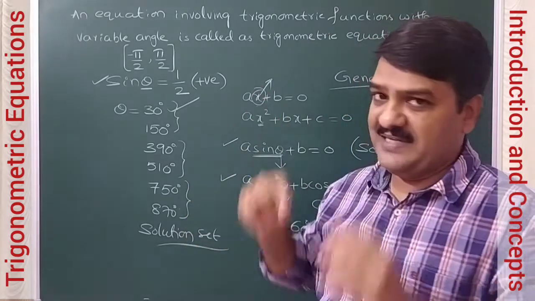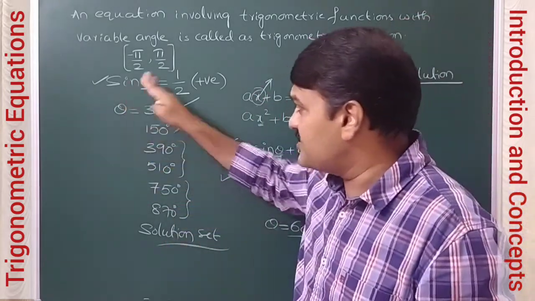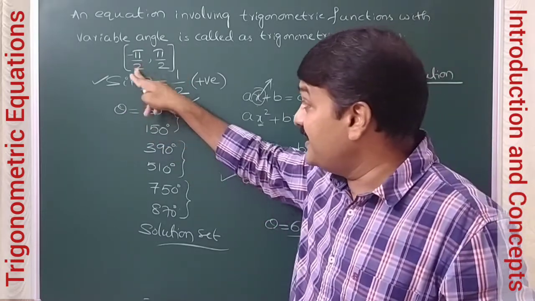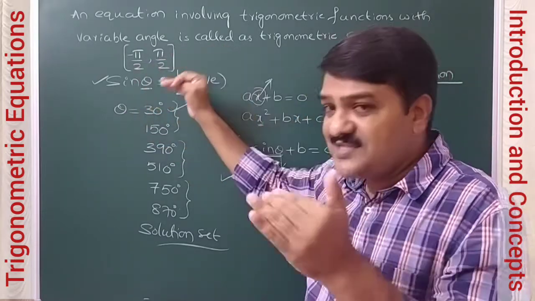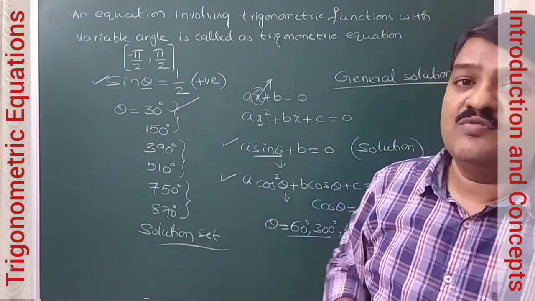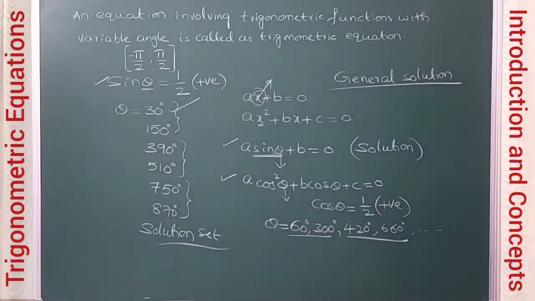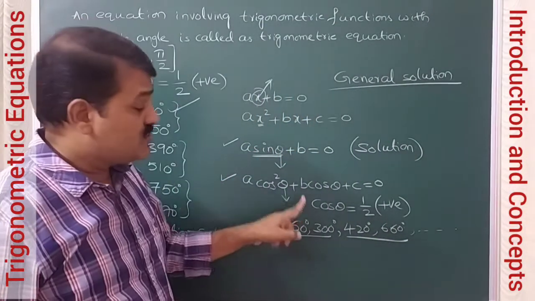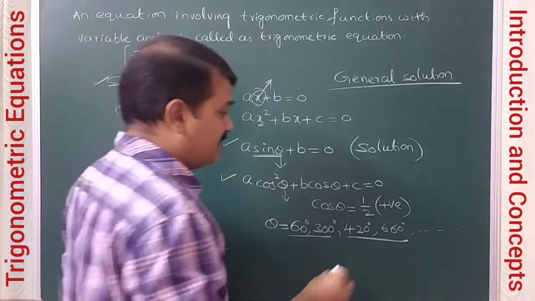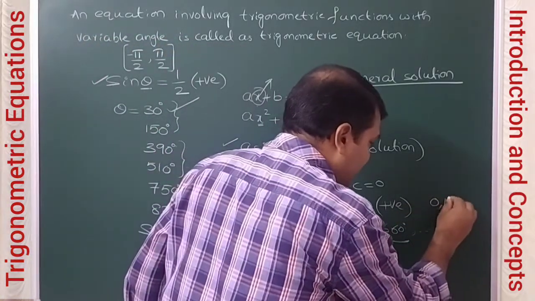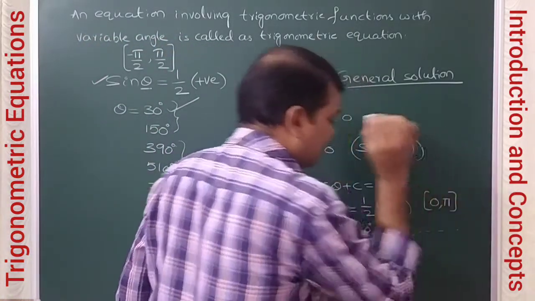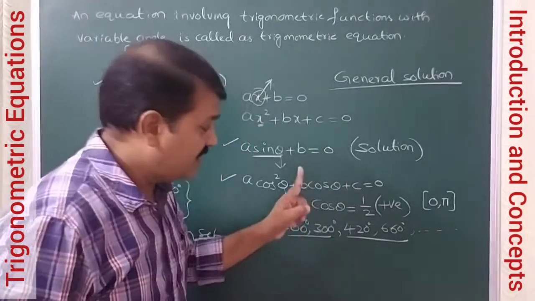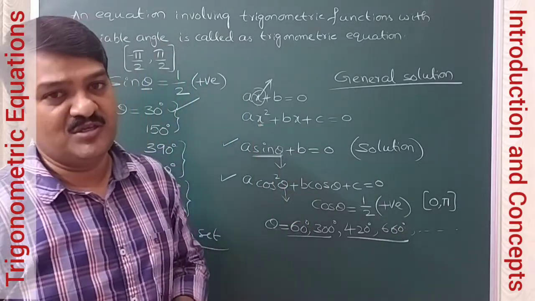In the given interval, for any sine function, a unique value of theta lying in this interval satisfying the particular equation will be called the principal solution. When we come to the cos function, a unique value of theta lying in the interval 0 to pi satisfying the trigonometric equation is called the principal solution.